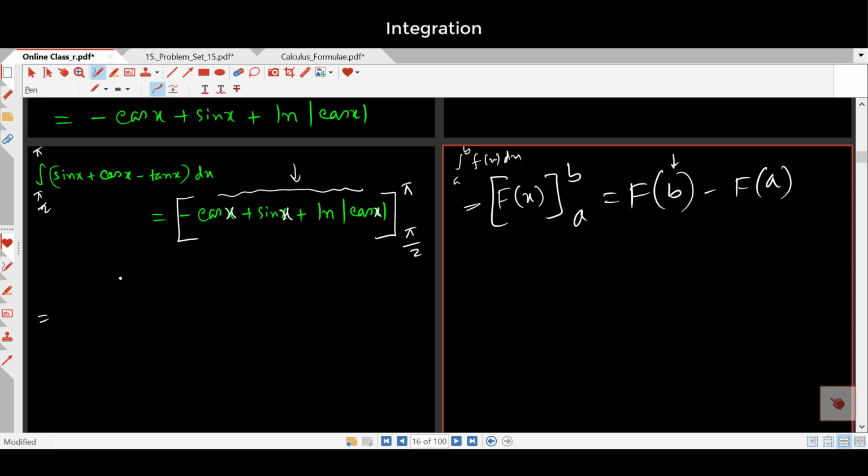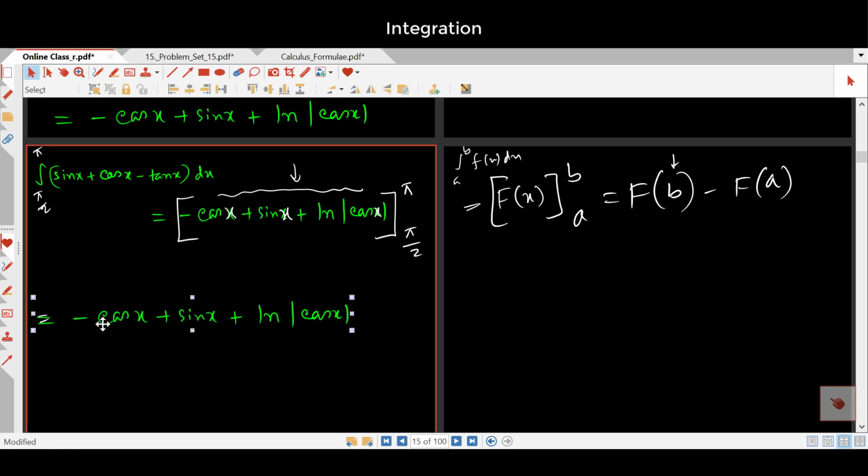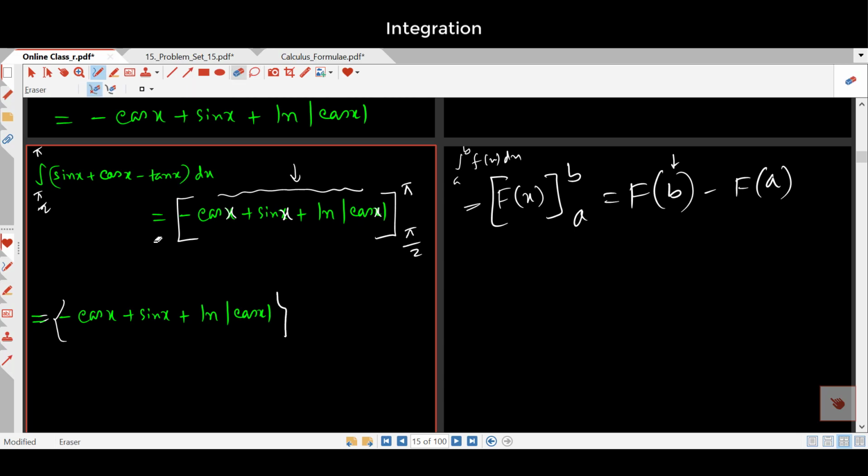So here, where we have x, in those places we will input pi. Then there is a minus.